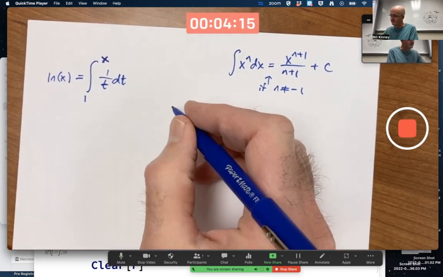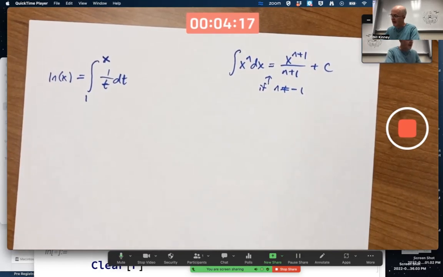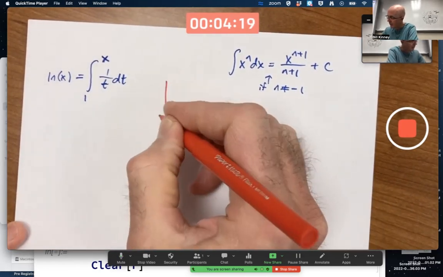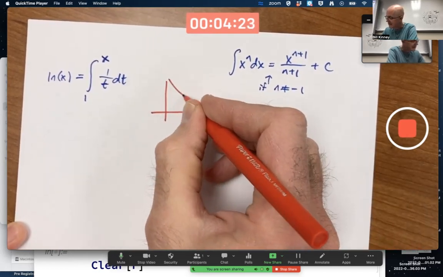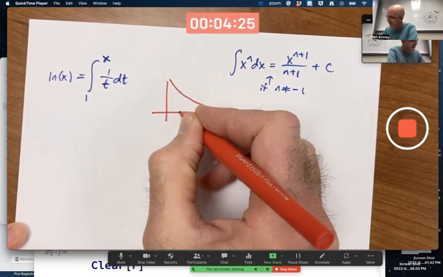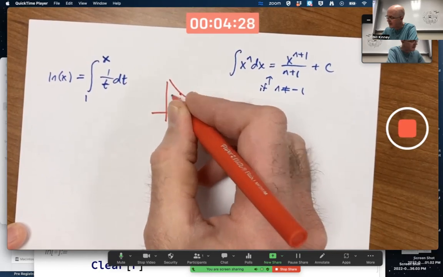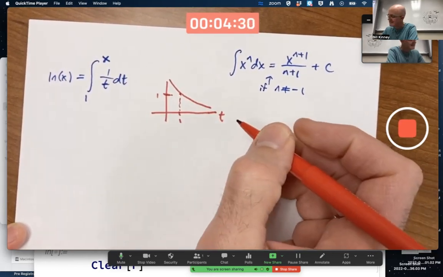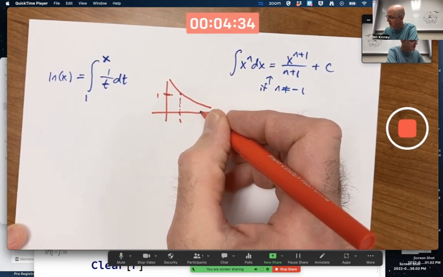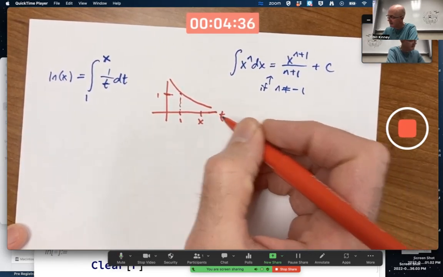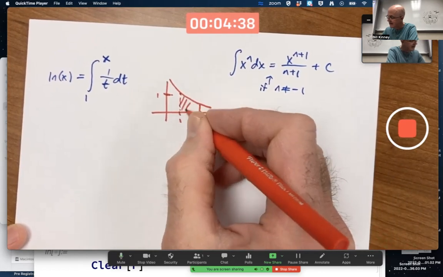In other words, if you graph 1 over t as a function of t, it looks like this. And when t is 1, the output is 1. These axes are not the same scale. And for a value of x greater than 1, say right there, ln of x is the area under the curve right there.